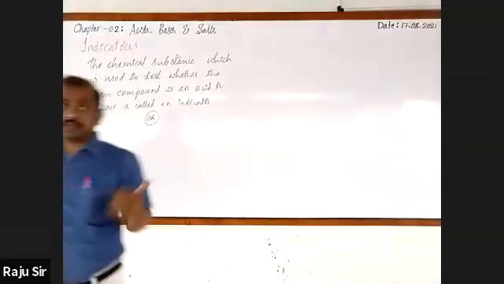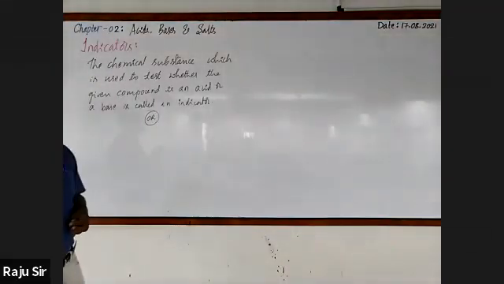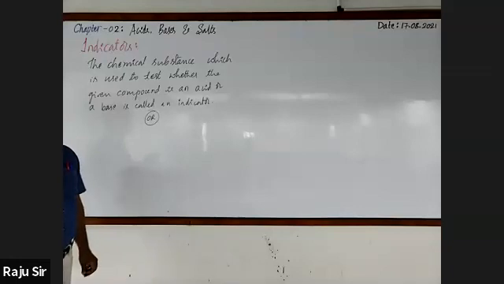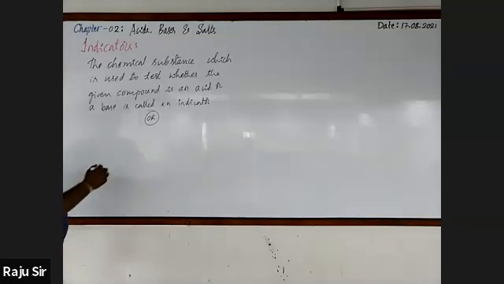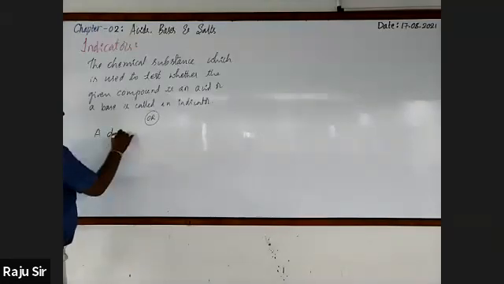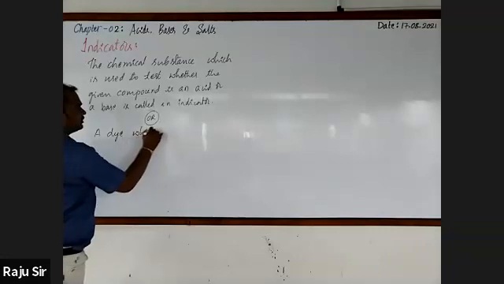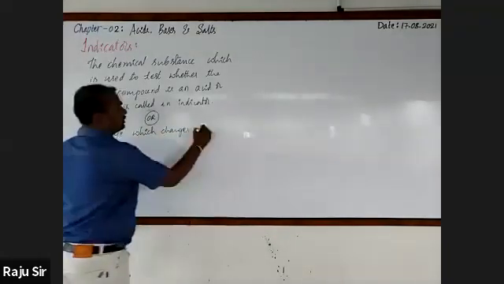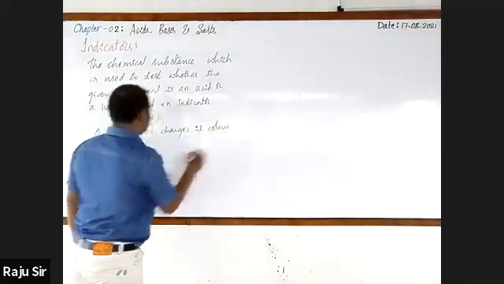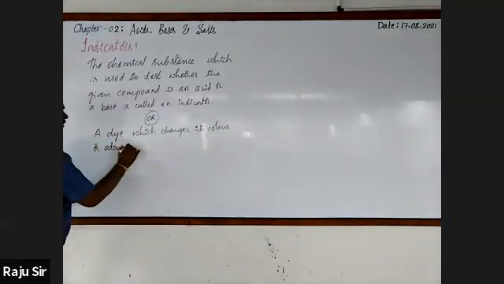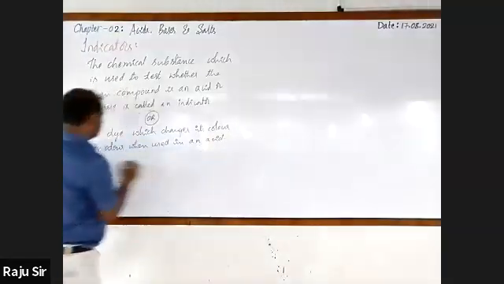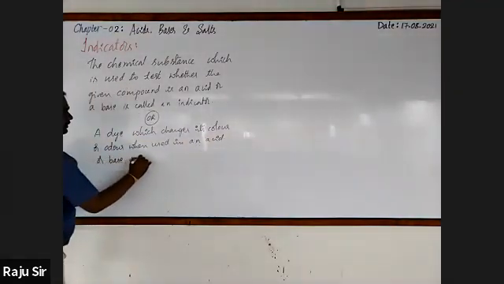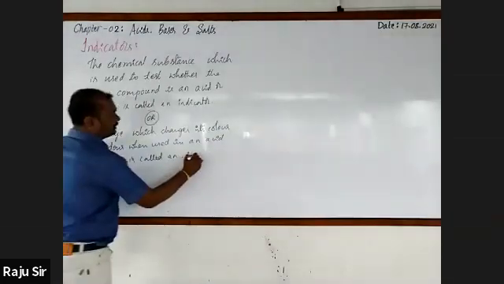Next, it can also be defined in another way. A dye which changes its color or odor when used in an acid or base is called an indicator.